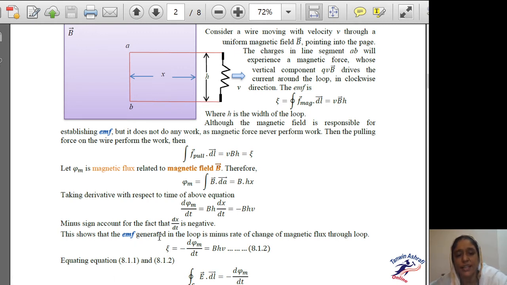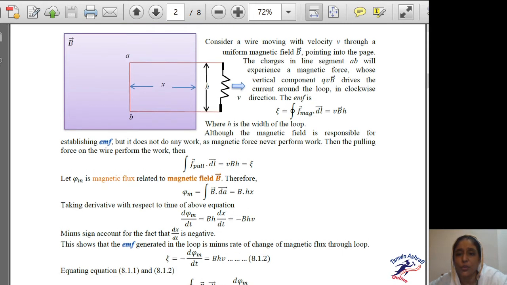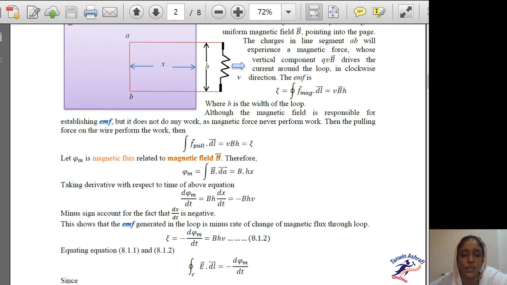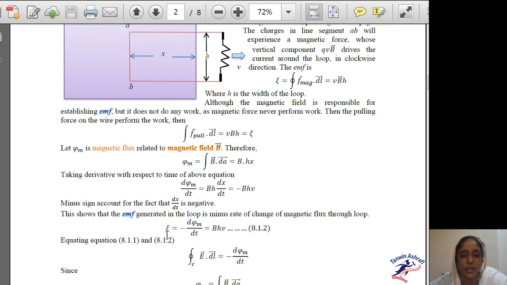And this shows that the EMF generated in the loop is minus the rate of change of magnetic flux for the loop. Therefore, EMF is equal to minus the rate of change of magnetic flux, which is equal to B h v. Now, equation 8.11, that is, the integration over the closed path of E dot dl, and 8.12, that is, the electromotive force is equal to minus the rate of change of flux phi m.